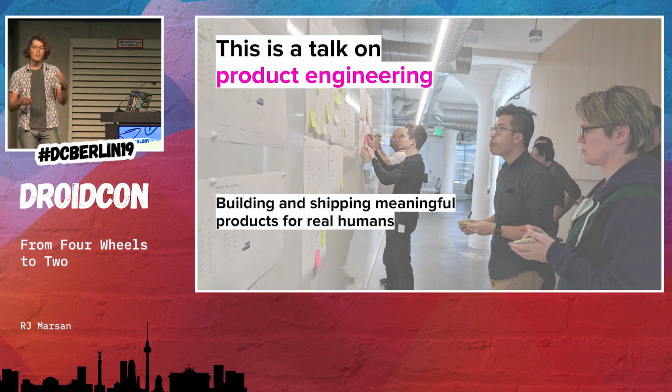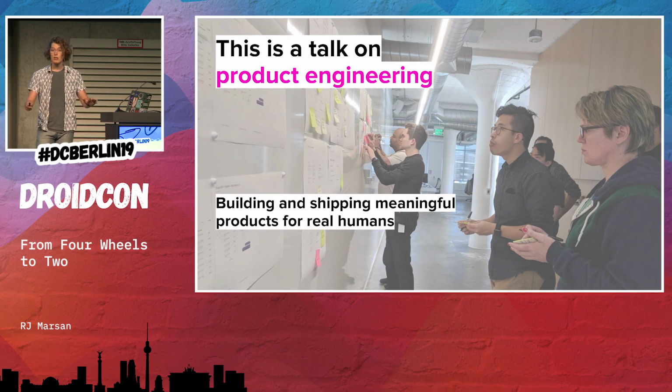That's the focus of building and shipping for real humans in real situations. That's not to say that any of the other talks here, which are incredible and used all throughout this talk, aren't important, but I'm trying to bring this from the other side of things. And even though I'm going to be talking about a really big team and a really big project, well, a smaller team, I hope this is going to be applicable, because this is about human engineering.